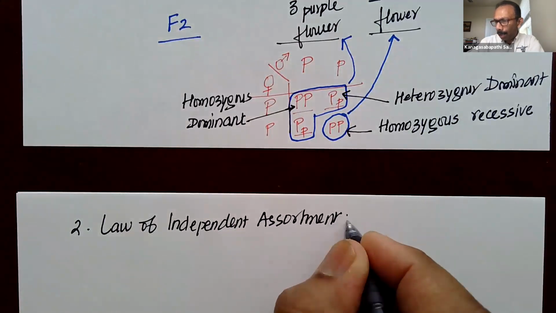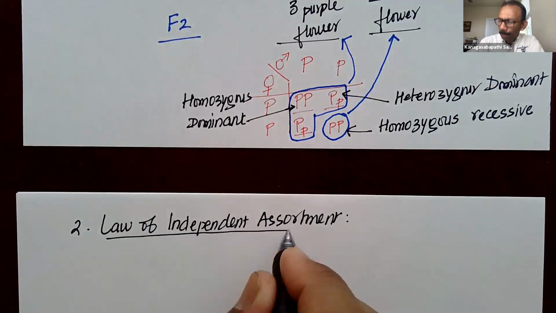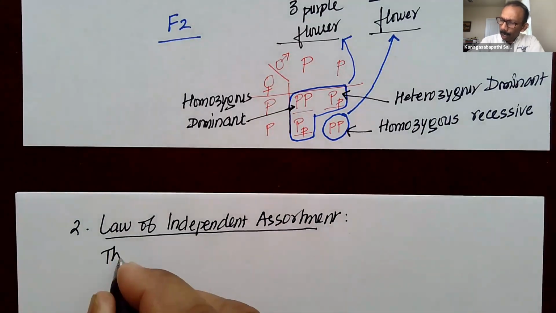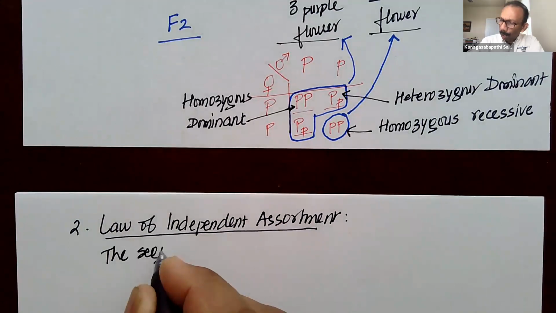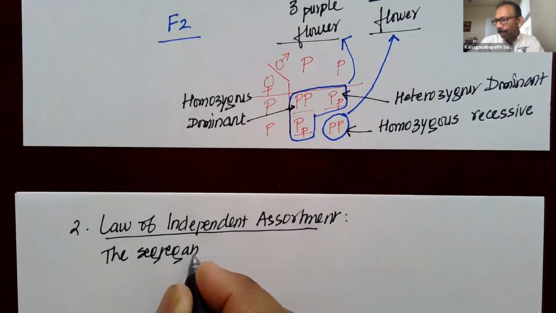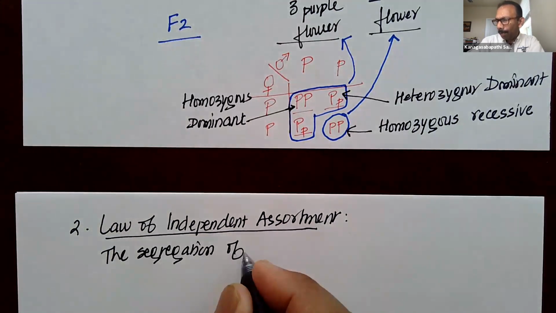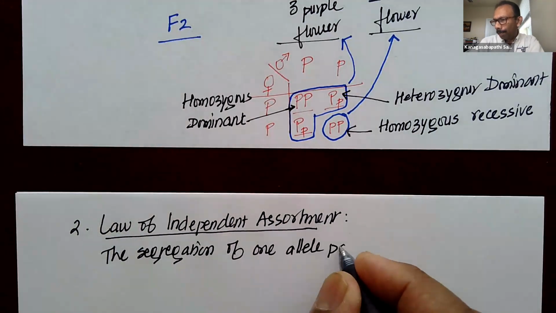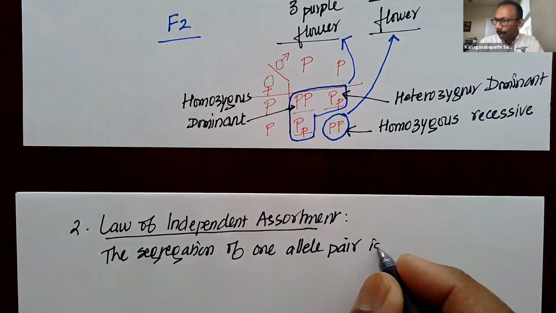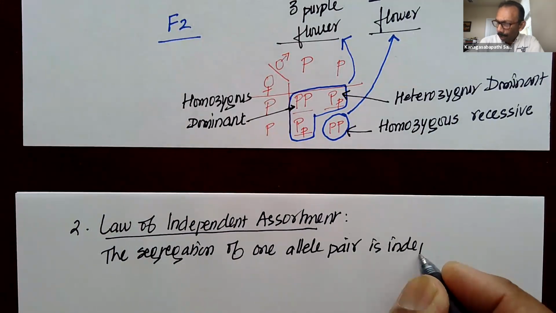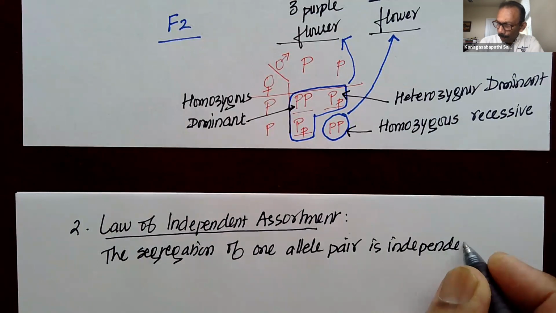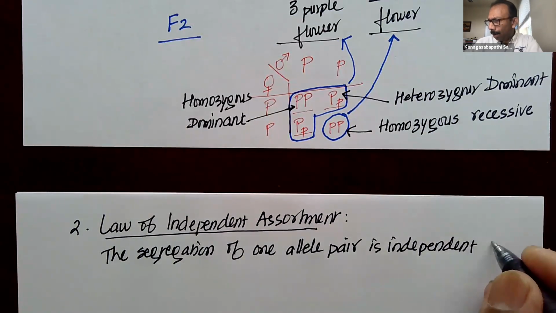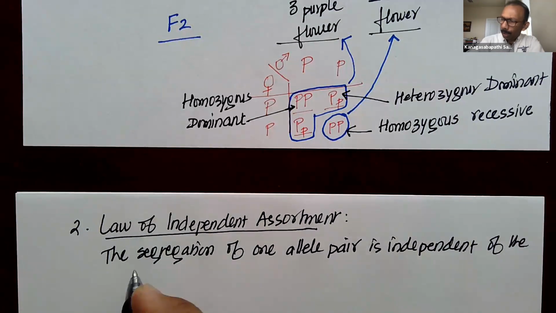The law of independent assortment states that the segregation of one allele pair is independent of the segregation of other allele pairs.